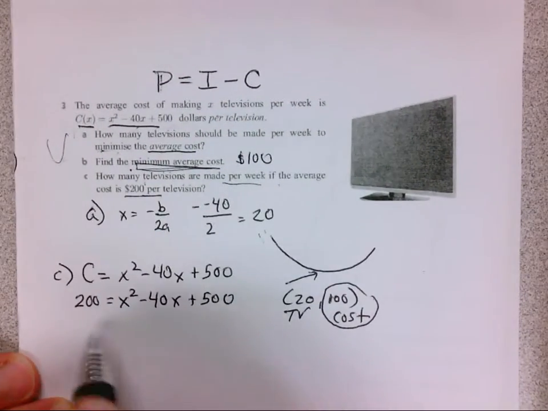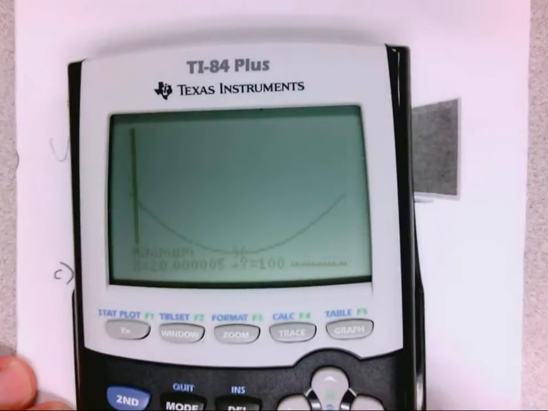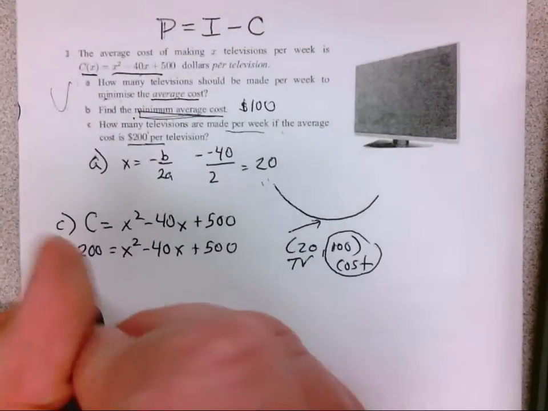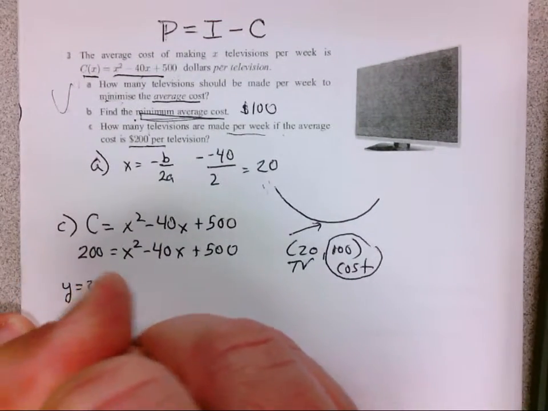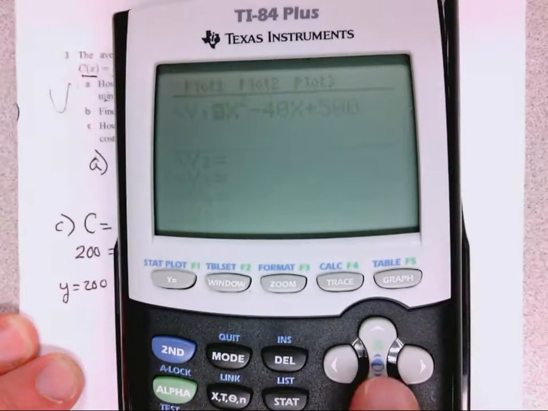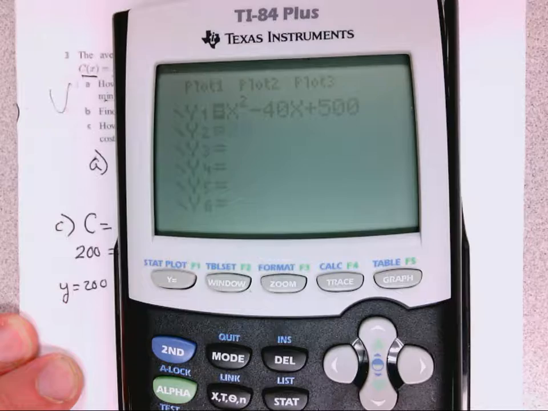And there's a couple ways you can think about this. You could just graph the line y equals 200 and see where it intersects here. So I'm going to do that. But I think I might be able to see it on here already.